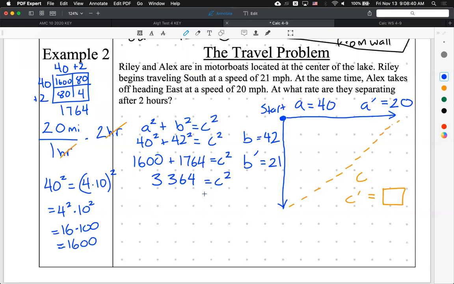Everyone take a guess. What is the square root of 3,364? Andrea, guess. 69, 24, 34, okay. We're guessing the square root of 3,364. Fiona, you actually got it.